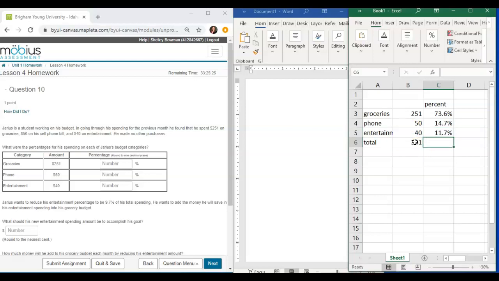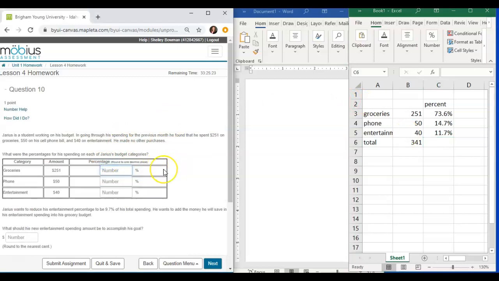And that gives us our percentages. That was so fast using Excel: 73.6, 14.7, and 11.7 for the last one.